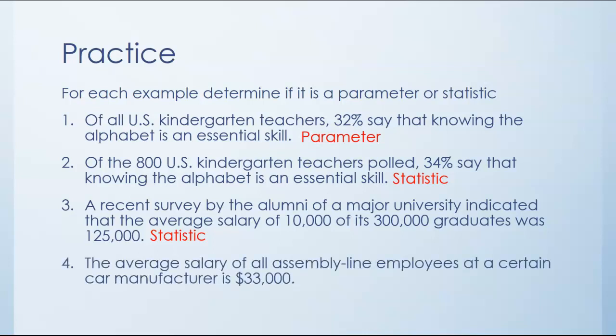And the last one, the average salary of all assembly line employees at a certain car manufacturer is $33,000. So again, we are talking about all assembly line employees, therefore this is going to be a parameter.